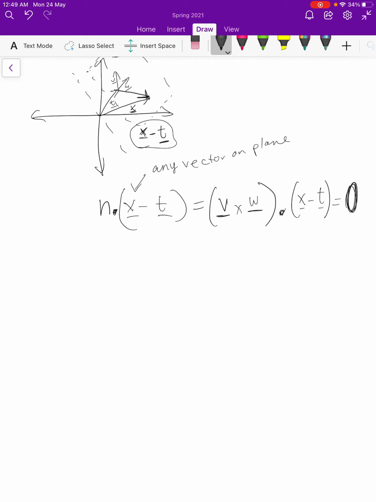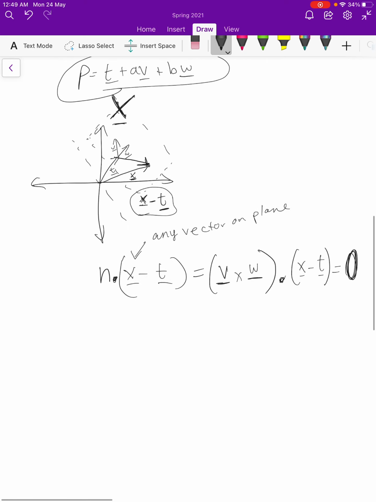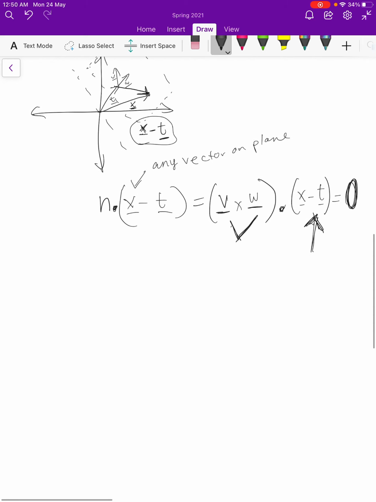This is useful because if we're given an equation, we're going to know this cross product because we'll know the vectors v and w. We will also know what t is. And this is going to give us an expression with 3 different variables, x, y, and z, and they're going to have coefficients, let's say a, b, c.